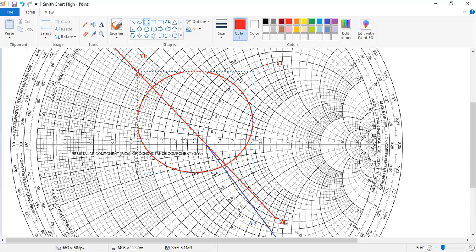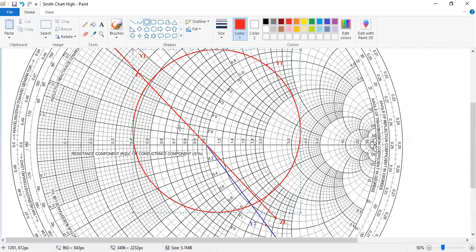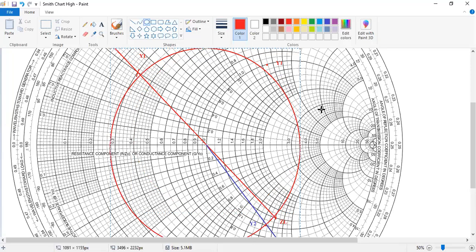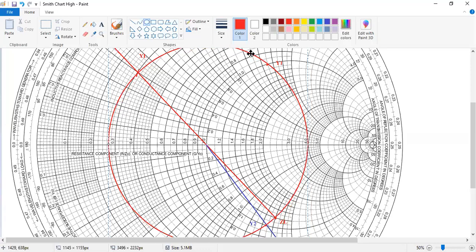Previously you have to draw it. I'm drawing it right now because I don't have any reference, and I don't have the rounder available here on the PC. So that's why I'm doing it this way. So this is the circle.